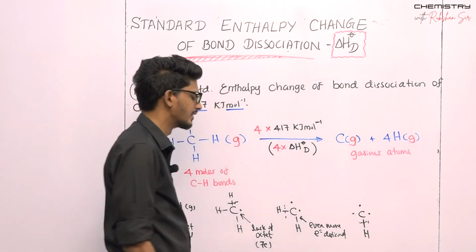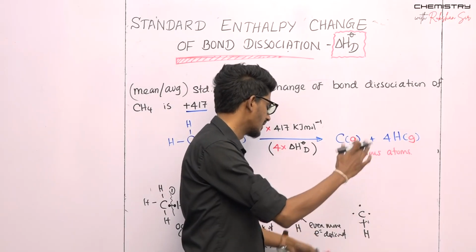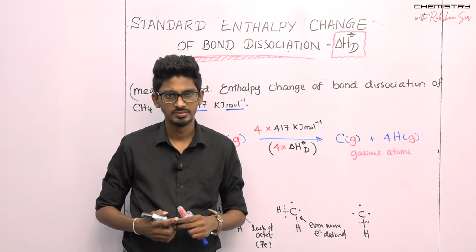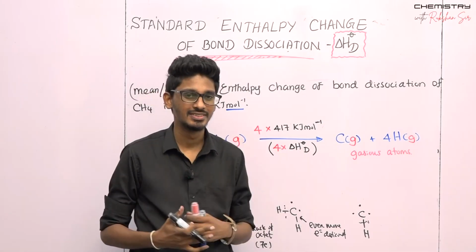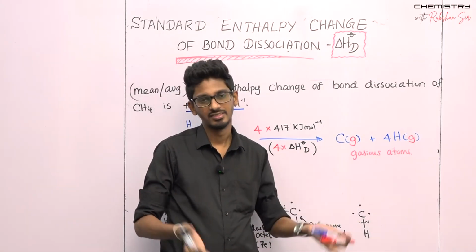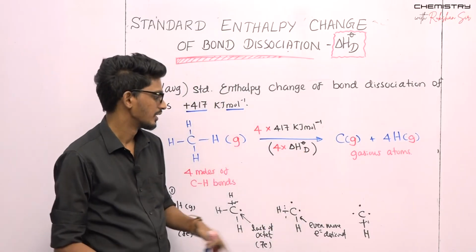Already most of the hydrogens have been released, so the carbon will leave the remaining one easily. Carbon is not keen on the bonds now. As all the others are going, carbon will release the ultimate one as well. So this will be easily released.